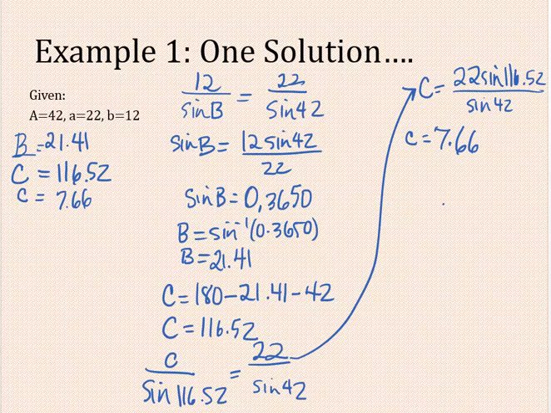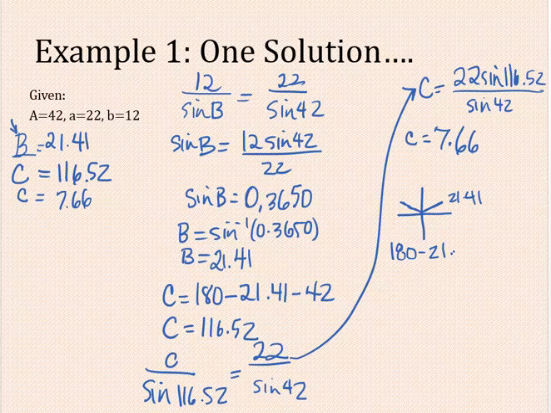Now we need to decide, is there another one? So what you're going to do is draw your quadrants. The first angle we found, start with this angle right here, 21.41. I need to find out what angle over here has the same sine value. The way to do that is take 180 and subtract 21.41. I get 158.59.